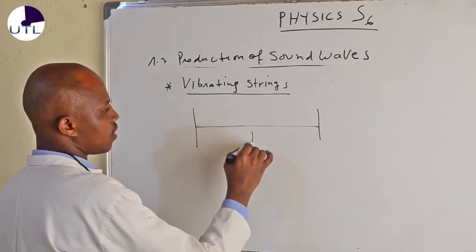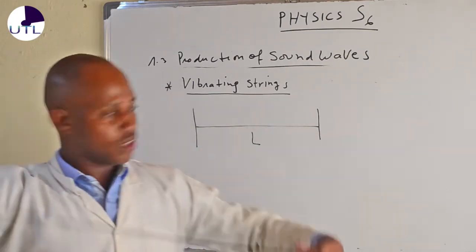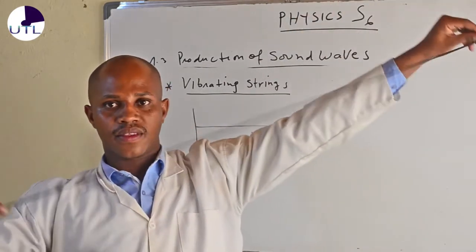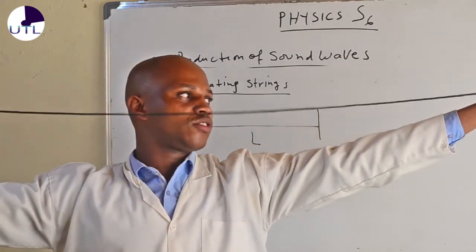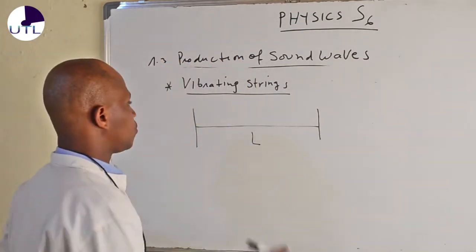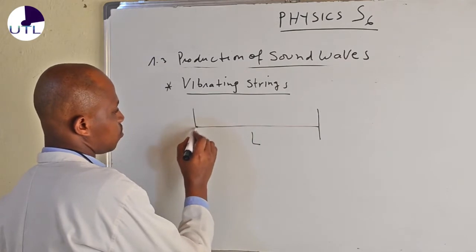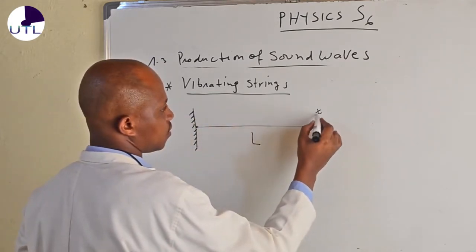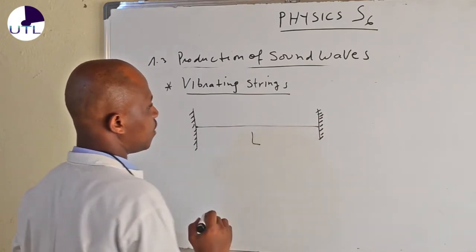This has length L. Suppose that this is the length of this string. Don't you see that here it is attached to this, and here it is attached to this medium.